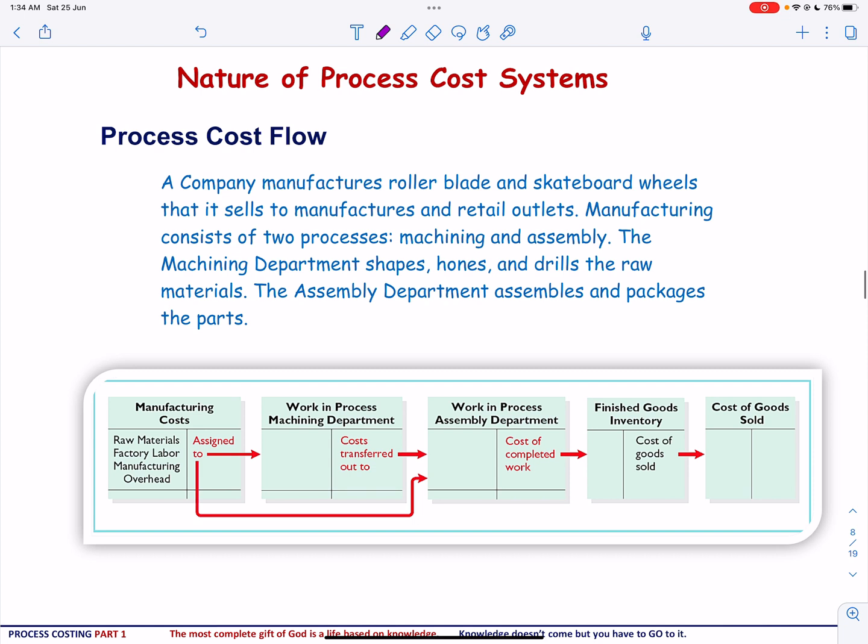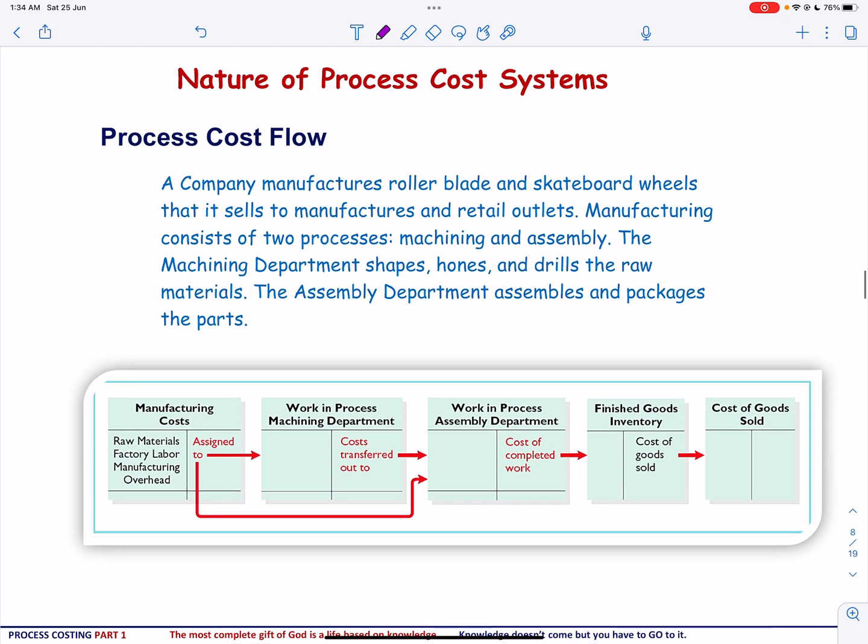As can be seen, the company can add material, labor, and manufacturing overhead in both machining and assembly department. After the machining department finishes its work, it transfers the partially completed units to the assembly department.